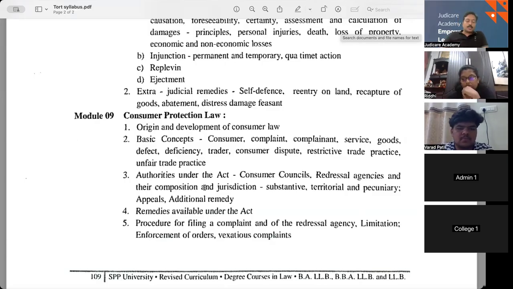So the consumer we have defined, the trader we have defined. A dispute between a consumer and a trader regarding quality, cost, or safety, or probably a wrong advertisement, a misleading advertisement, anything could be considered a consumer dispute.